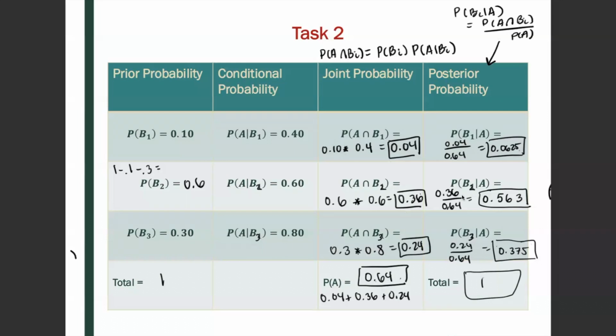The probability of B2 given A is going to be 0.36 divided by 0.64, which is 0.563. And then the probability of B3 given A is the probability of A intersect B3, which is 0.24, divided by the probability of A, which is 0.375. And so if you add up all of these posterior probabilities, you should get a total of 1.